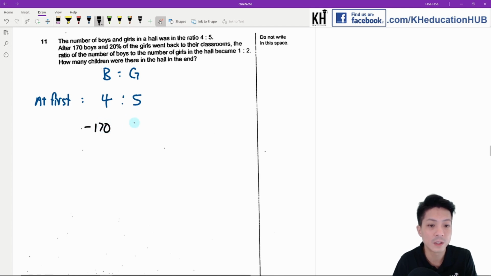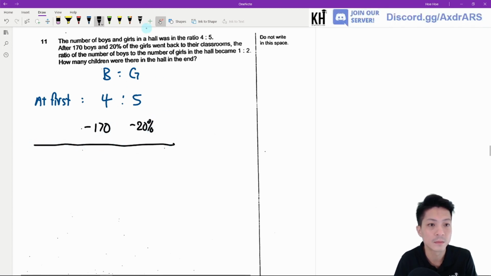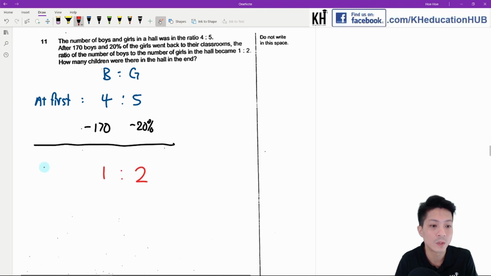Okay, and 20% of the girls, so the girls will be minus 20%. Okay, the ratio of the number of boys to the number of girls became 1:2. So this is in the end.